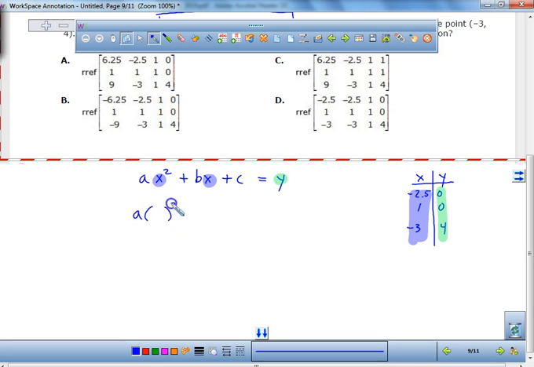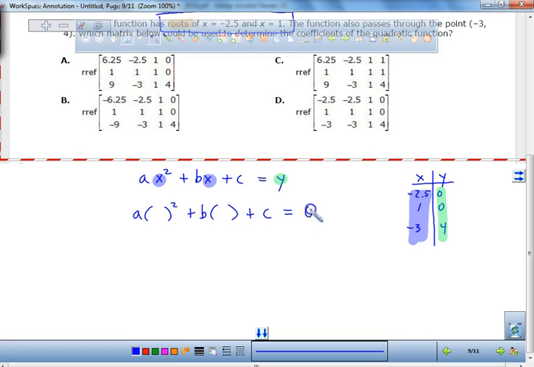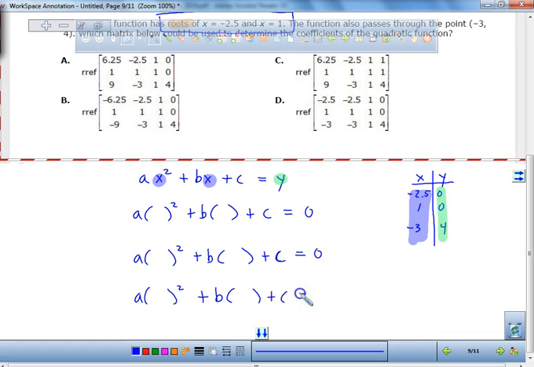A parentheses squared plus b parentheses plus c equals 0. Second one, I'm going to say also equals 0. But what's the last one going to equal? That's right. Okay.